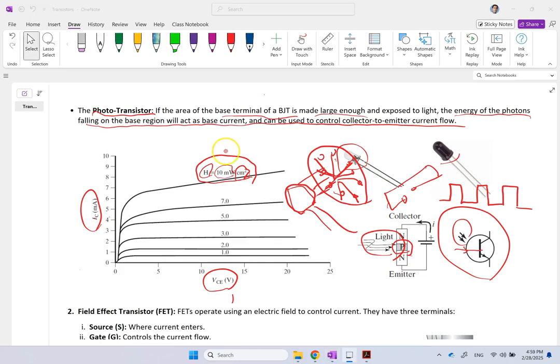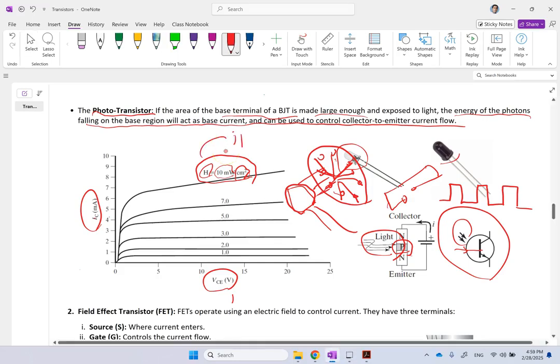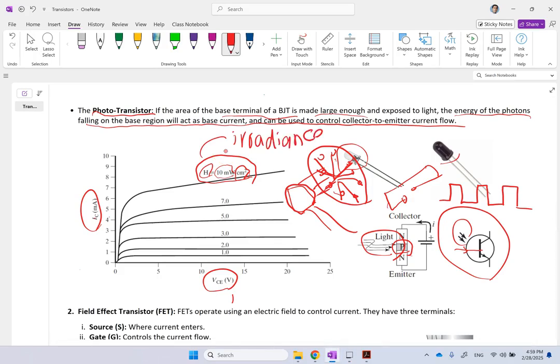So if you know the term irradiance, that is the amount of irradiance, or the surface, basically the energy per time per surface, which is received by the base. Okay, so you see, depending on how much energy it is receiving, the amount of current that is created in collector at a fixed voltage is going to go up, of course.